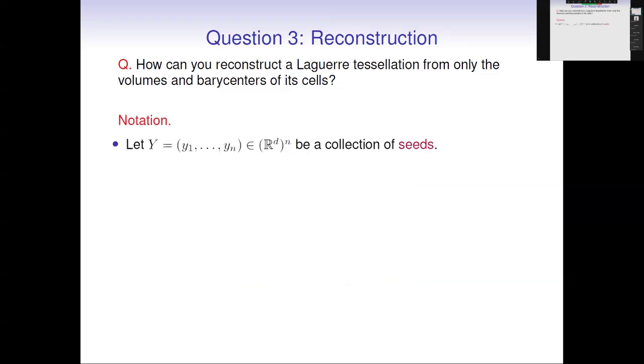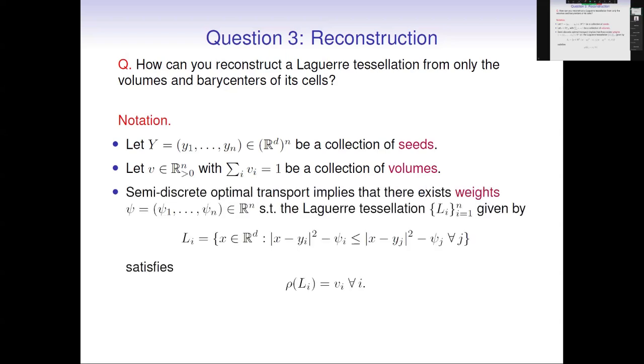Just a bit of notation. I'm letting capital Y be n points in R^d. This is the collection of seeds that will generate a Laguerre tessellation, and V will be the target volumes. So V is a vector in R^n of positive entries, V_i all positive and summing to 1. This is a point in the probability simplex.